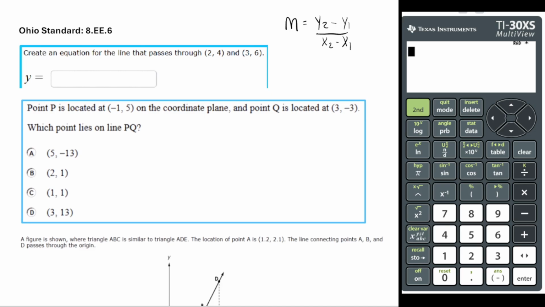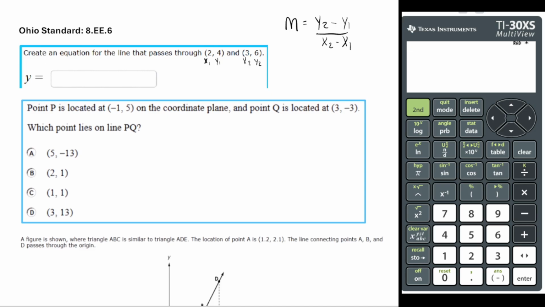So how I do this is I label one of my points x1, y1, and my other point x2, y2. And that helps me keep track when I'm doing the actual slope formula so that I don't get lost.